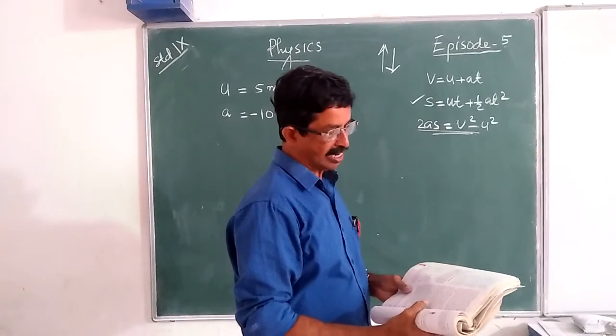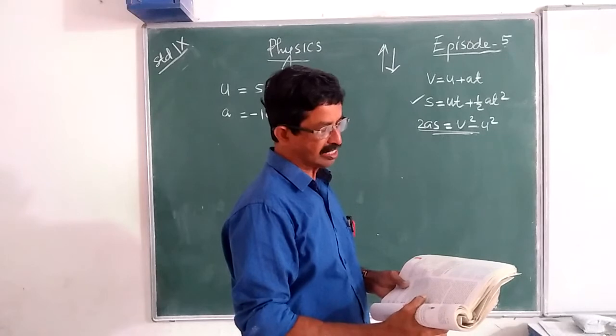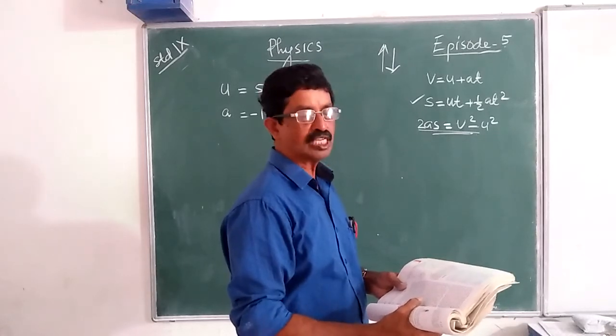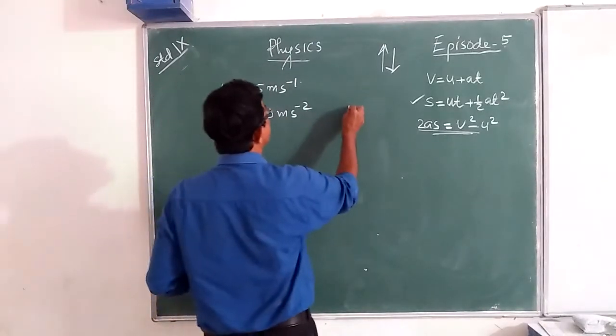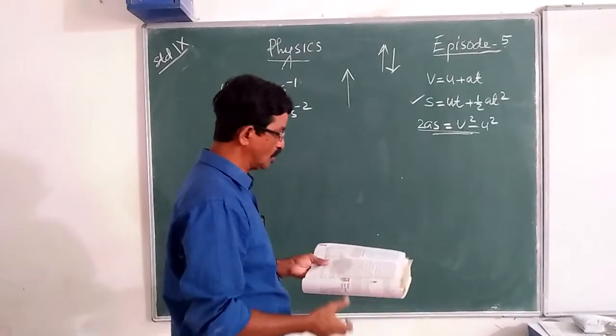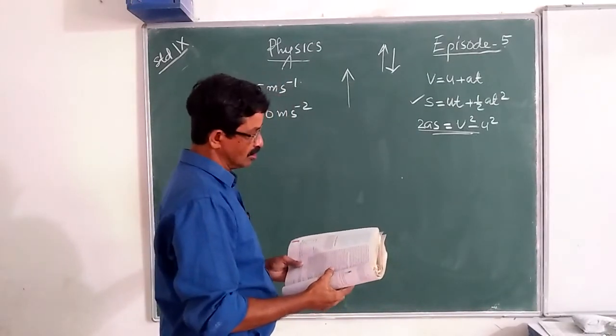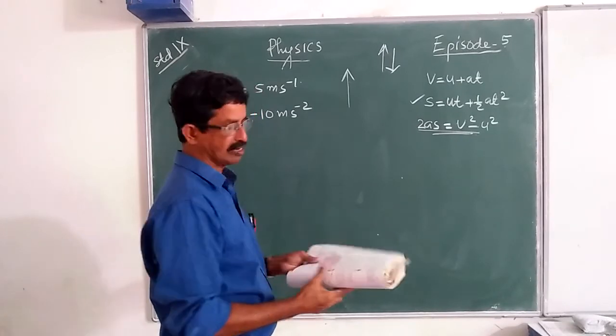Now, what will be the height attained by the stone and how much time will it take to reach there? Two things we want to find. How much height it attains, that means how much height it travels, and also how much time it takes to reach there.